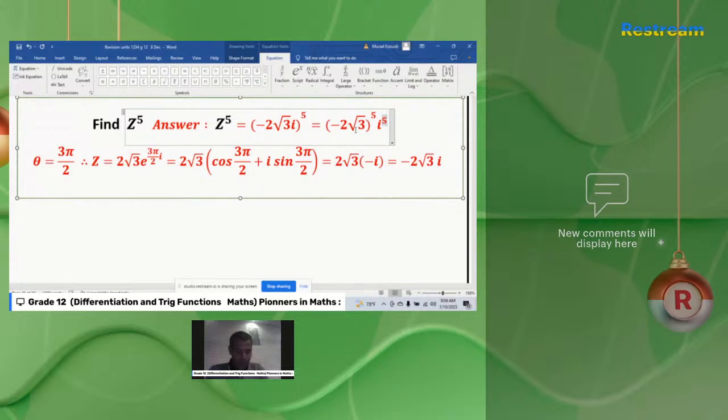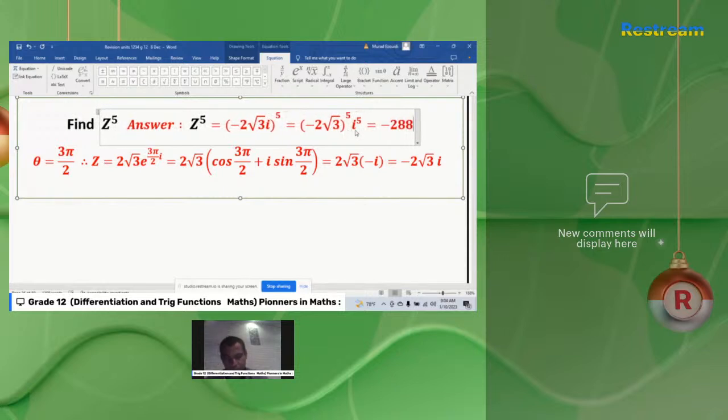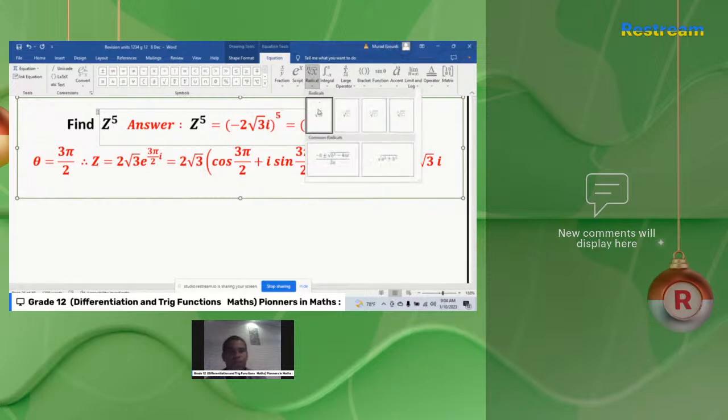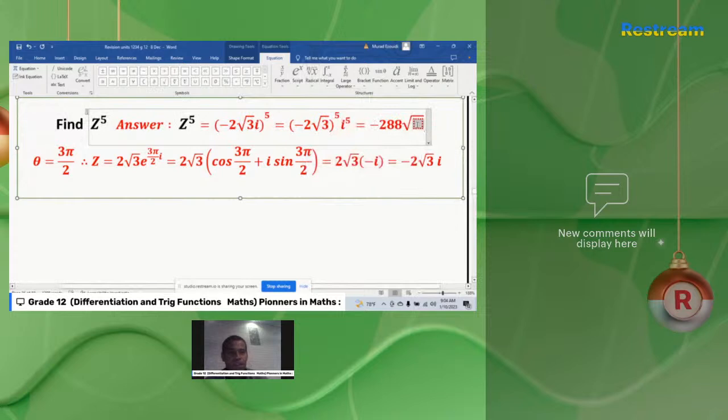Okay, to the power 3 we told. I will close parentheses all to the power 5. It gives, in fact, negative, approximately, negative 288 root of 3. Okay, now this is the answer.